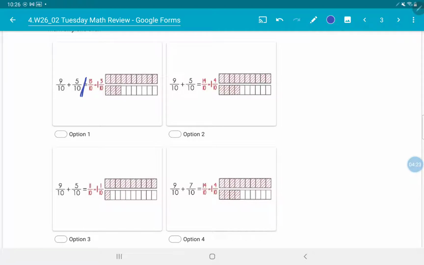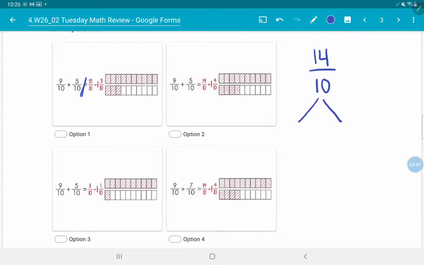Yes. That's true. So if I take the 14/10 and I break it into the parts to make a mixed number, how many of those 14/10 would I have to take out to make one whole?